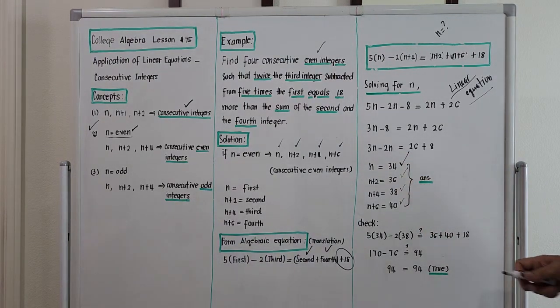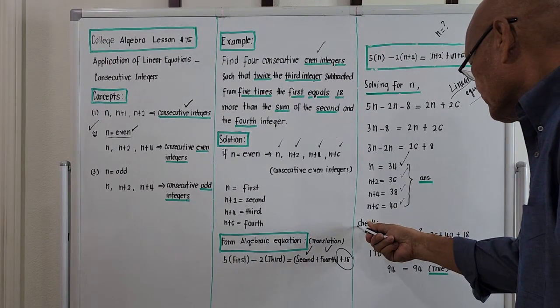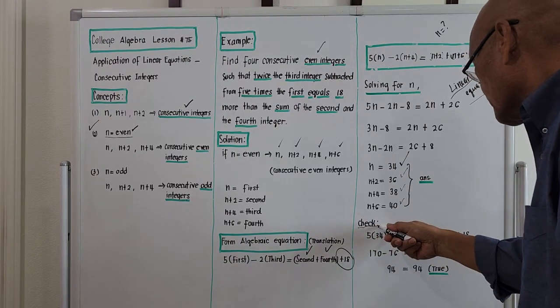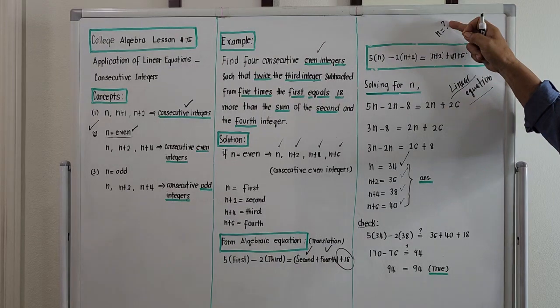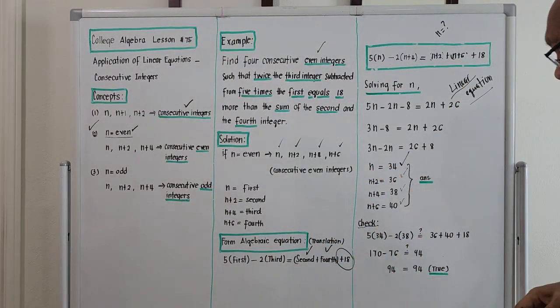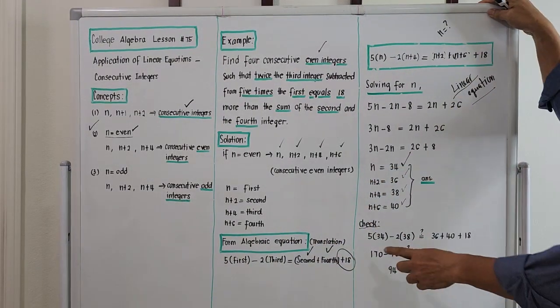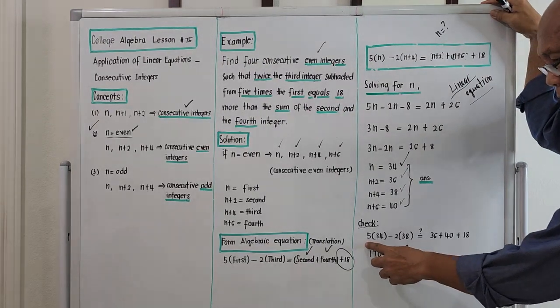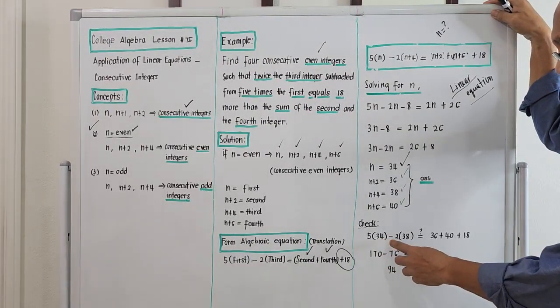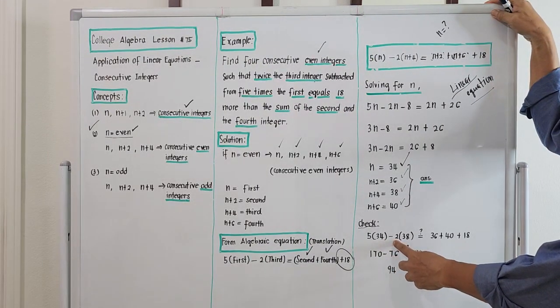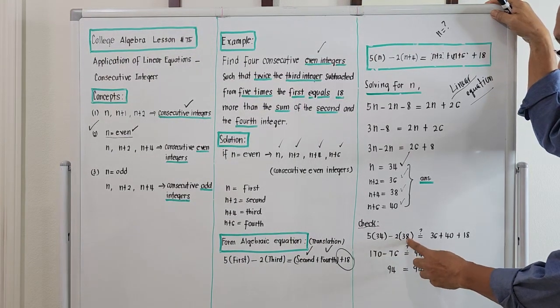Okay, let's try to check the validity of the answer. I will just go back here. We try to substitute values. So 5 times 34, minus twice n plus 4, which is 38.